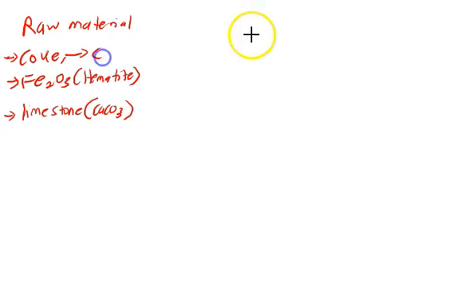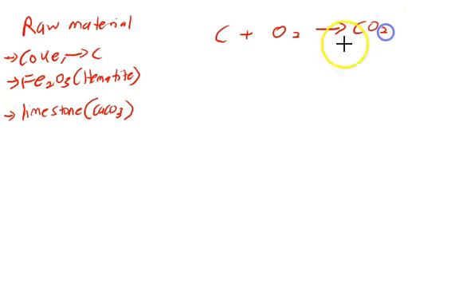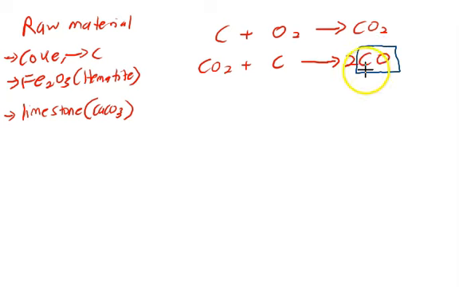Carbon will be heated up with oxygen. So here you'll be getting carbon dioxide. This carbon dioxide is a normal gas. So what happens here is the carbon dioxide will further react with carbon to form carbon monoxide. This is a very strong reducing agent. The carbon monoxide is a very strong reducing agent.